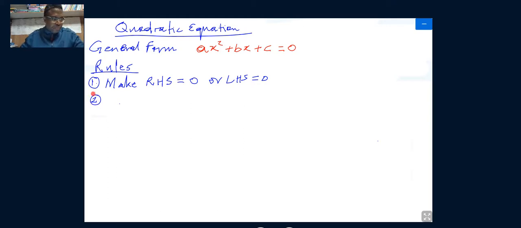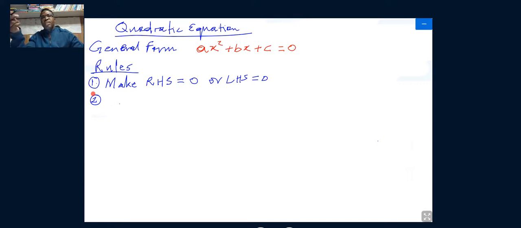Number 2, you have to factorize. We find factors. We have to factorize the quadratic. We did speak about this in one of our lectures, I think part 5, where we spoke about factorization.